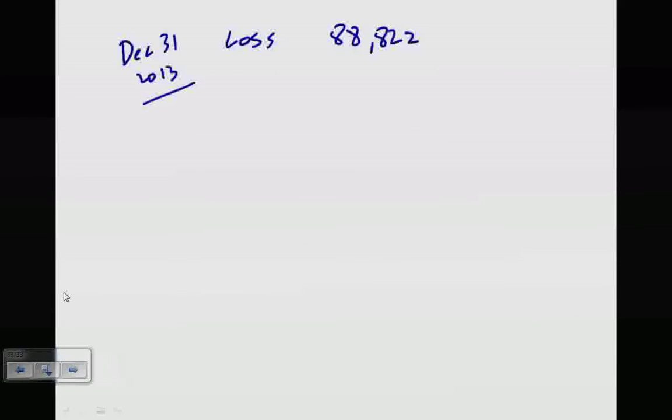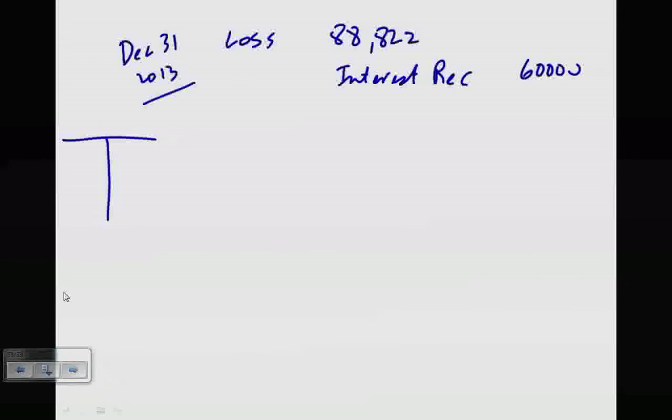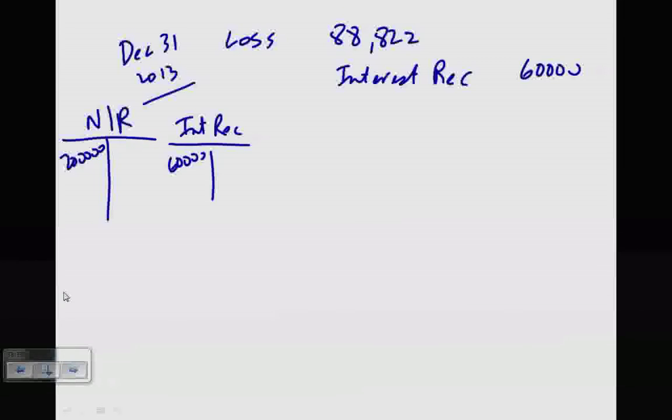And I'm going to write off all that interest receivable, 60,000. Because remember, what was on the books prior to that, we had a note receivable of 200,000, and we had interest receivable of 60,000. And so all the interest receivable is gone. That goes to zero. And now this note receivable has a value of 171,178, which is the present value of the discounted cash flow.